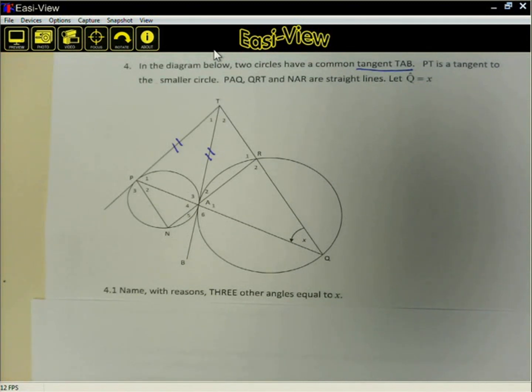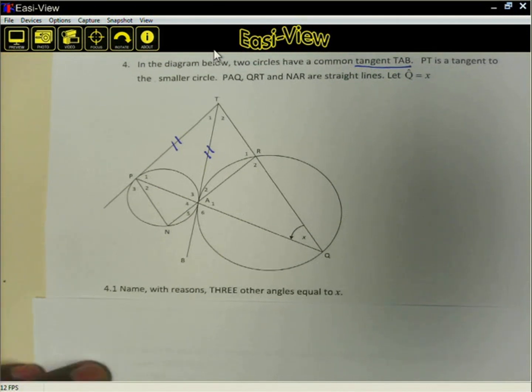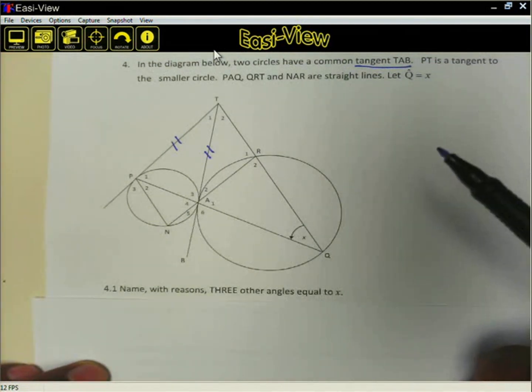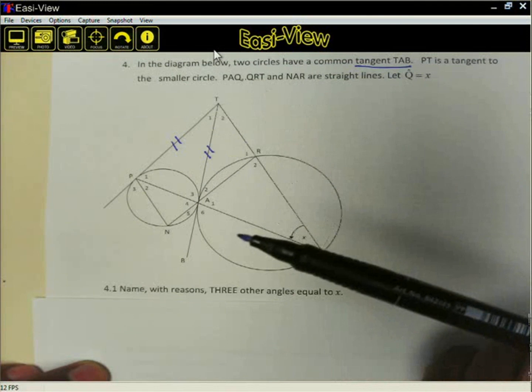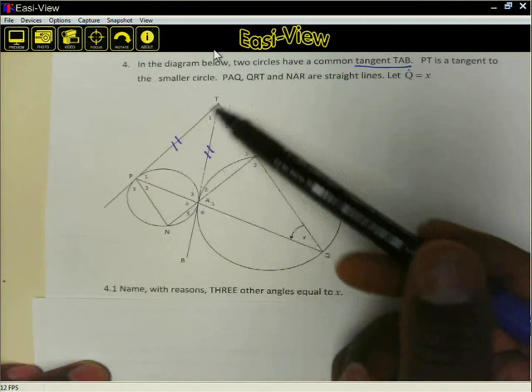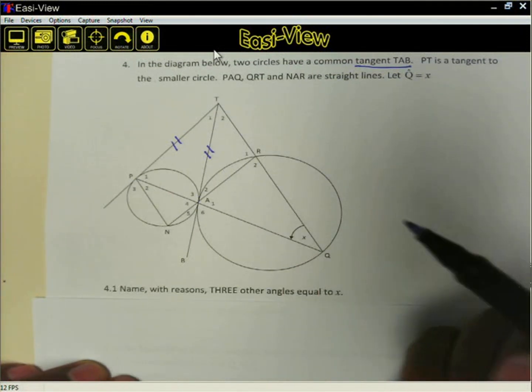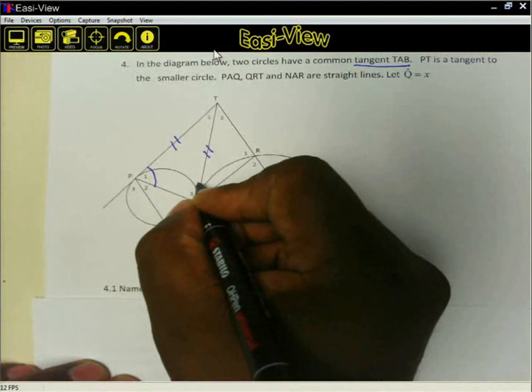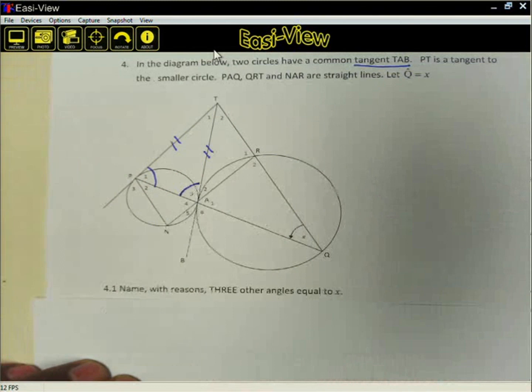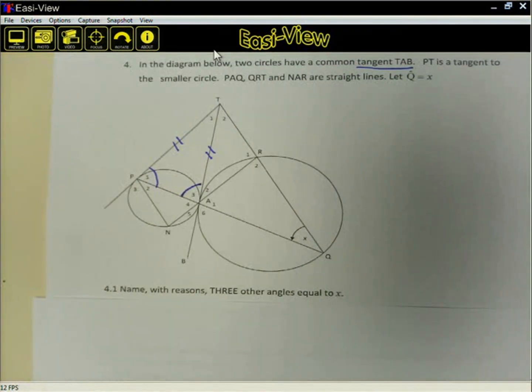You remember we've got different types of triangles, and one of them is an isosceles triangle. Look at triangle PAT. Triangle PAT therefore becomes an isosceles. Therefore, this angle P1 will also be equal to angle A3. We are just analyzing.